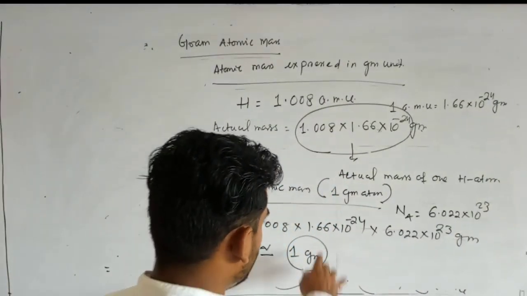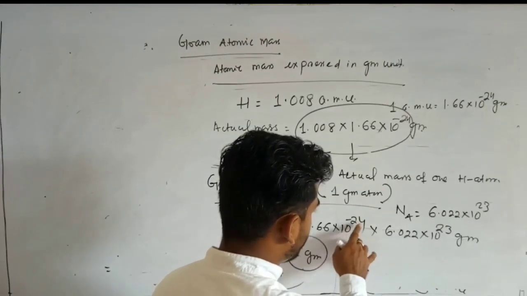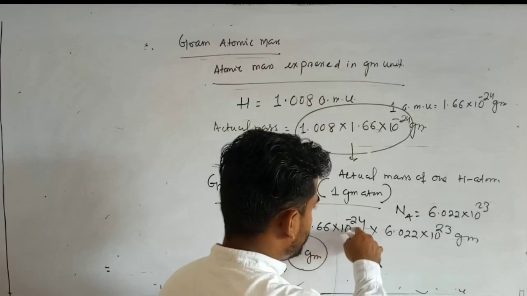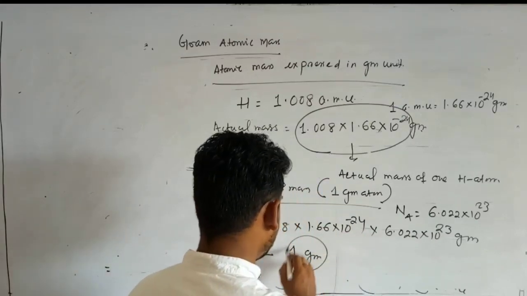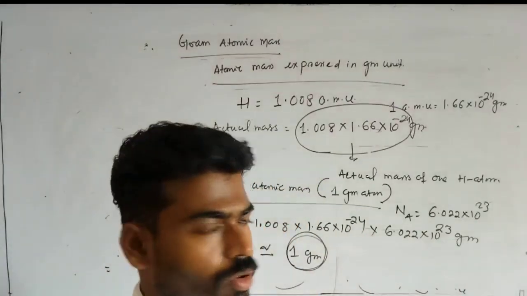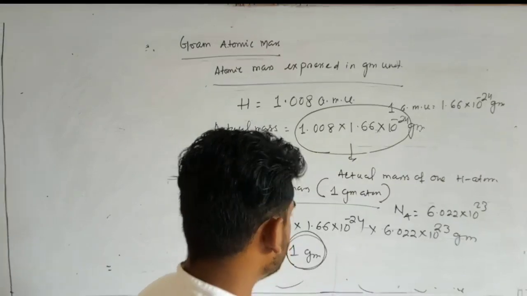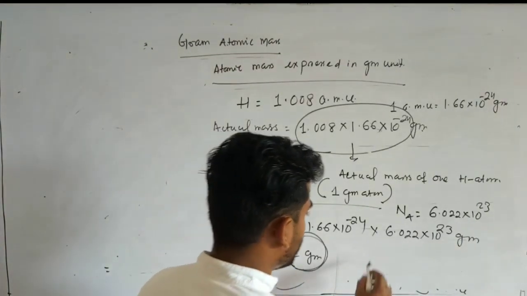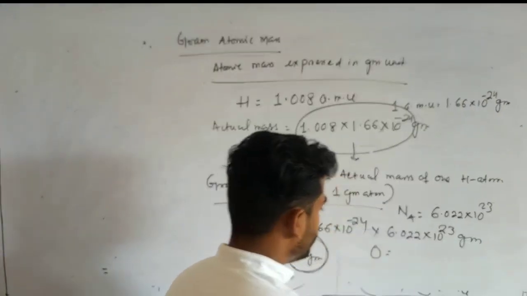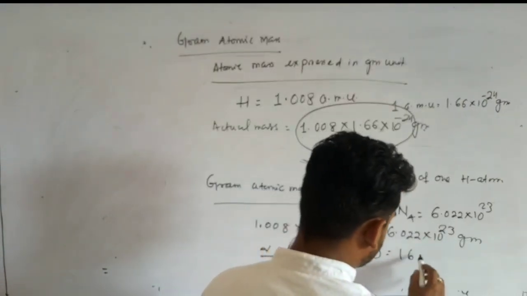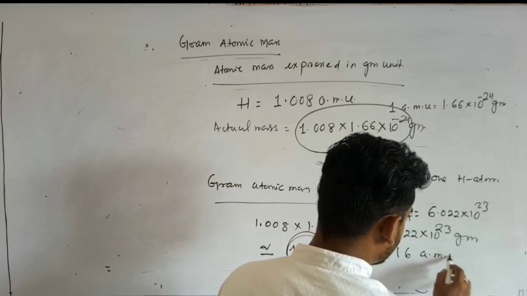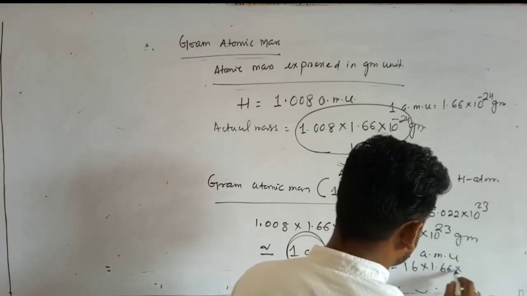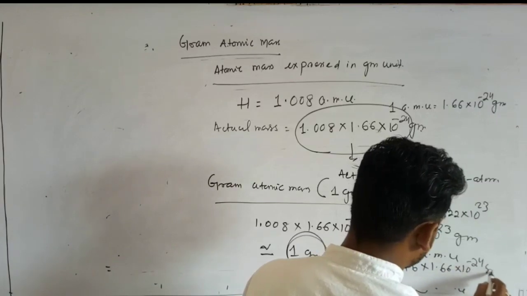Okay, that's 1.66 into 10 to the power minus 24 times 10 to the power 23. That will be 10 to the power minus 1 divided by 10. So that will be near about 1. Okay, similarly if I ask you to calculate the gram atomic mass of oxygen, that will be, we have calculated 16 AMU, actual will be 16 into 1.66 into 10 to the power minus 24 gram.